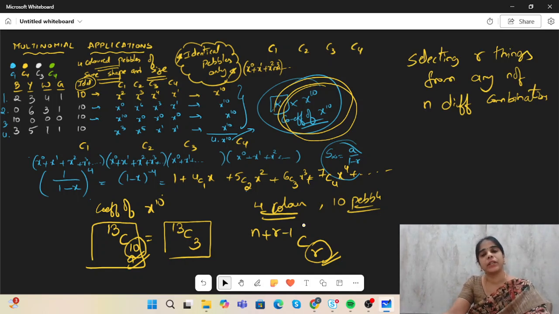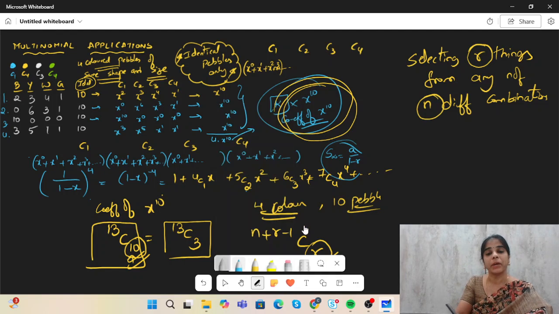So finally what I can conclude is, if I have to select some 10 things from 4 different colors, that means if I have to select r things from n different combinations or n different colors, my answer will be n plus r minus 1 C r. Just remember this.